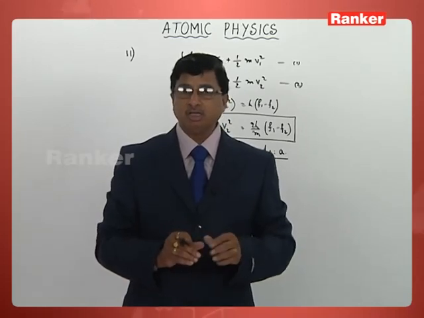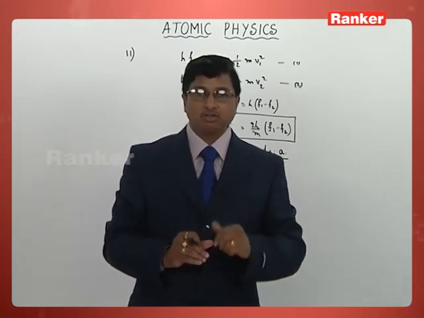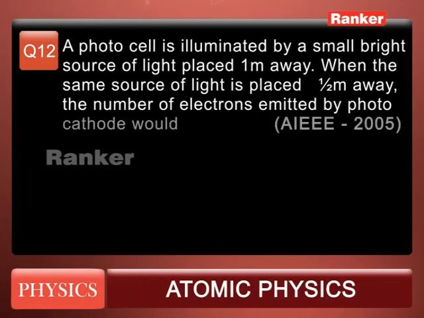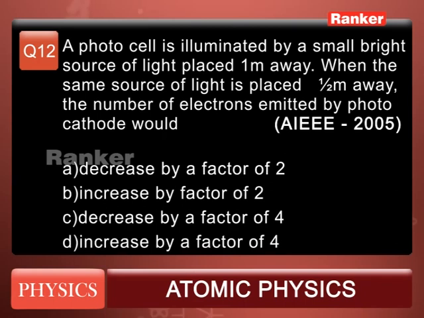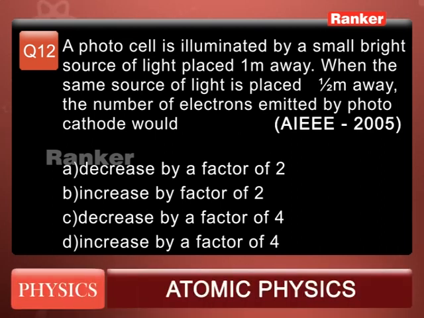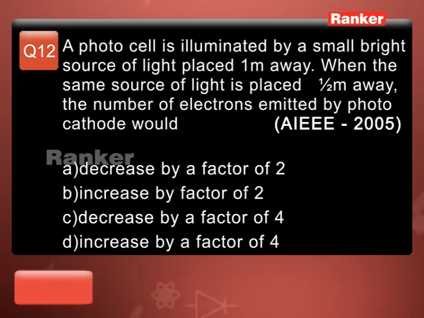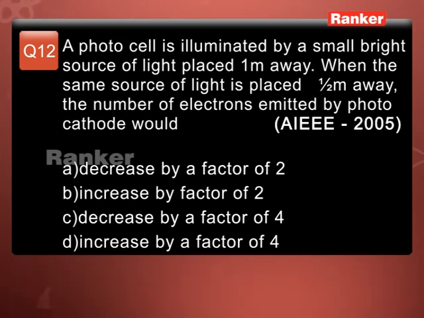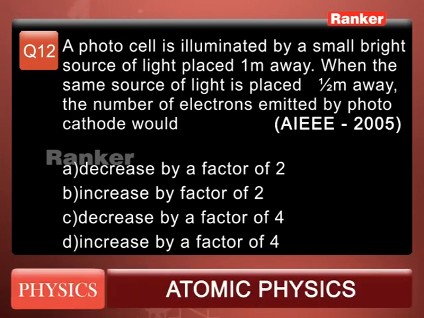That is question number 11 in this order. Look at the next problem, that is problem 12. A photocell is illuminated by a small bright source of light placed 1 meter away. When the same source of light is placed half a meter away, the number of electrons emitted by the photocathode would.